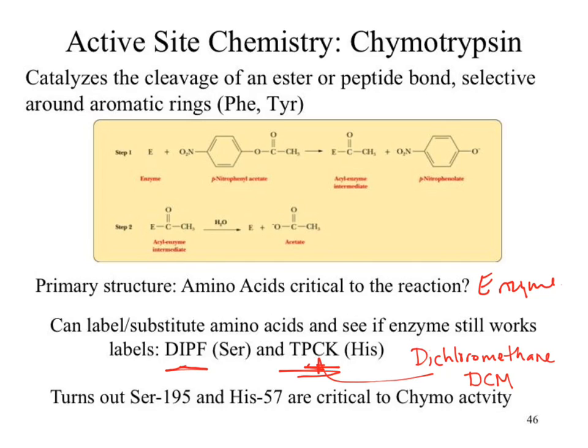An interesting feature there: 57 and 195 aren't really close to each other in the primary sequence, yet they're critical to the chymotrypsin activity. What does that mean? They're probably close to each other based on the secondary or tertiary structure. The protein is folding up and bringing those two amino acids close enough to be involved in the reaction.